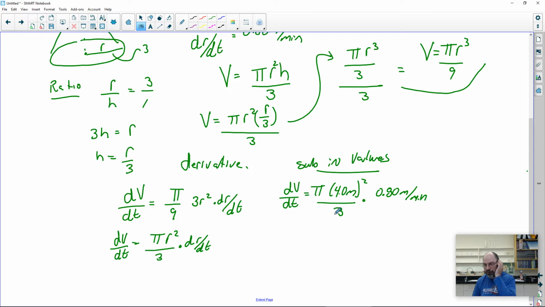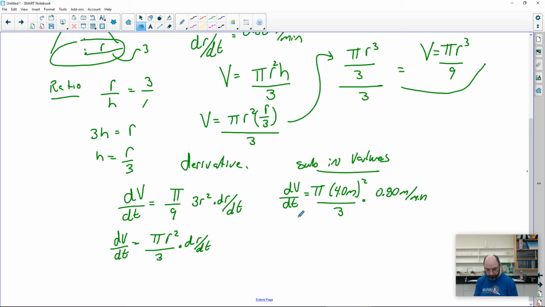Okay, so let's do our calculation here on our calculators. Okay, so 16 pi, that's 4 squared, which is 16 pi, divided by 3 times 0.8.